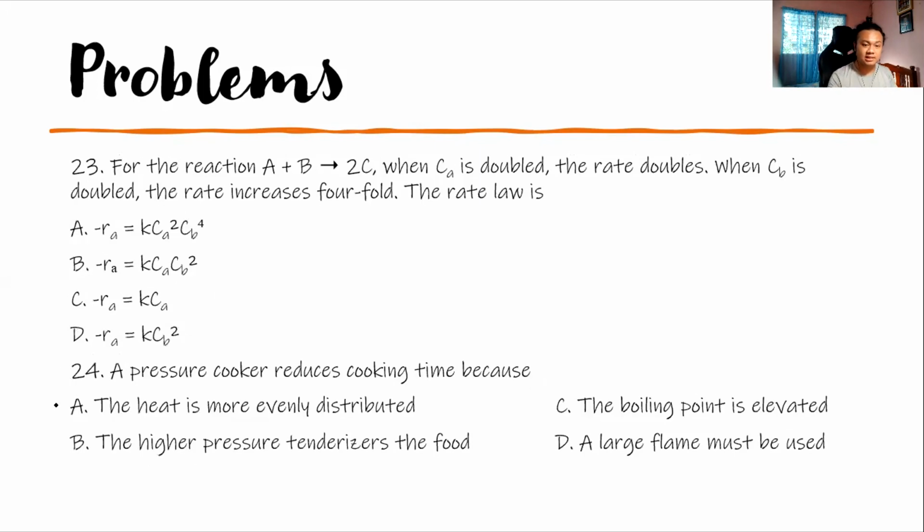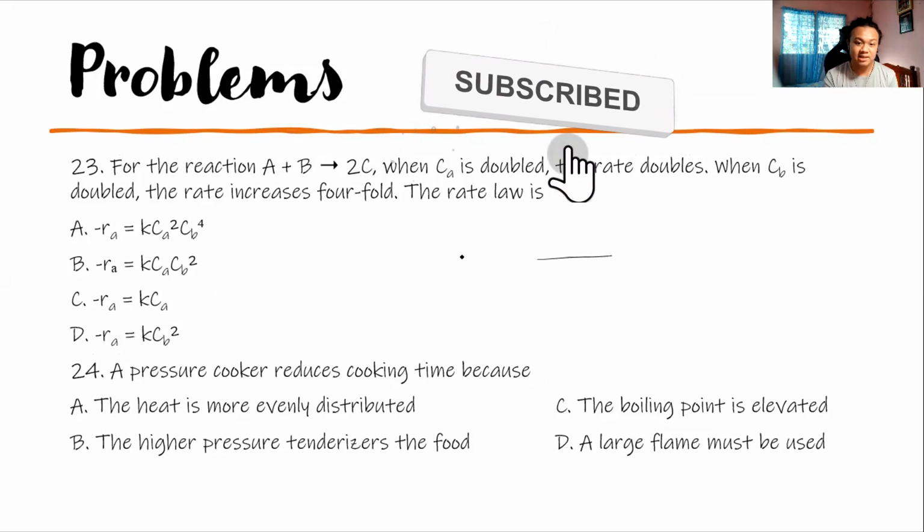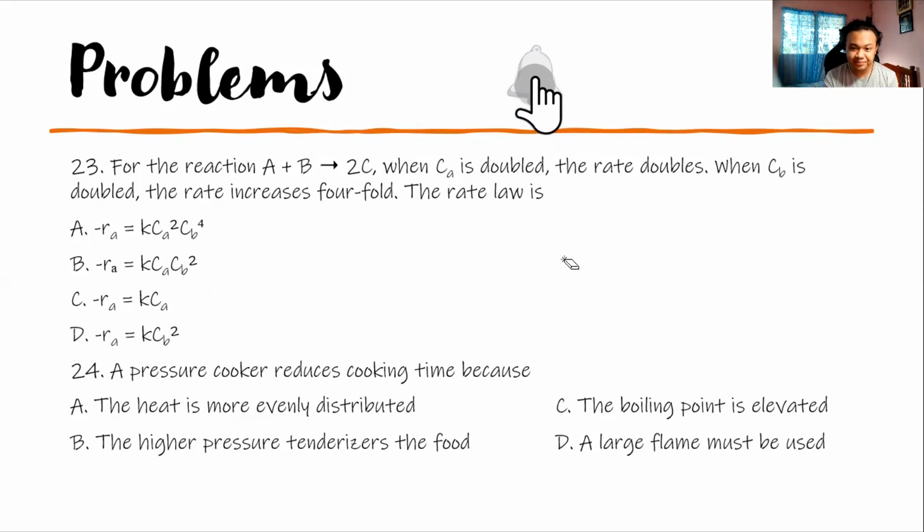Okay, so next, for the reaction of A plus B equals C, when CA is doubled, the rate doubles. When CB is doubled, the rate increases fourfold. So we have to find the rate law.